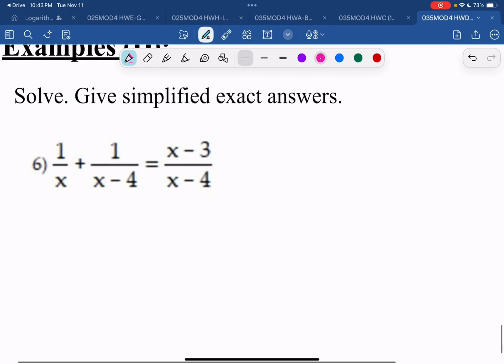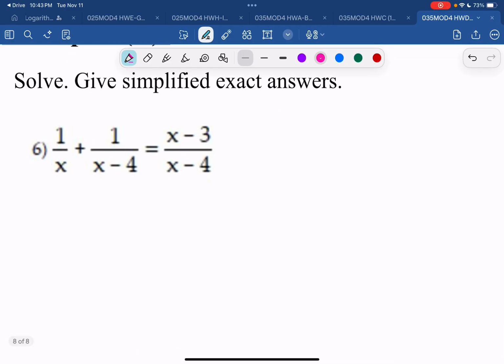All right, so now we've got a fraction. To solve a fraction, what we can do is multiply by the least common denominator. So looking at these, remember we've got x minus 4, and x minus 4. So that means that my LCD is x times x minus 4. So I'm going to multiply everything by x times x minus 4.